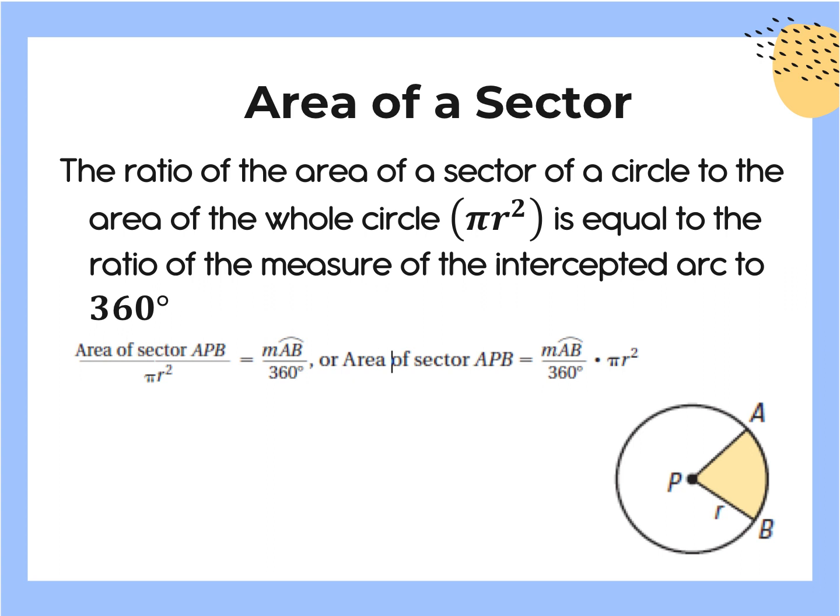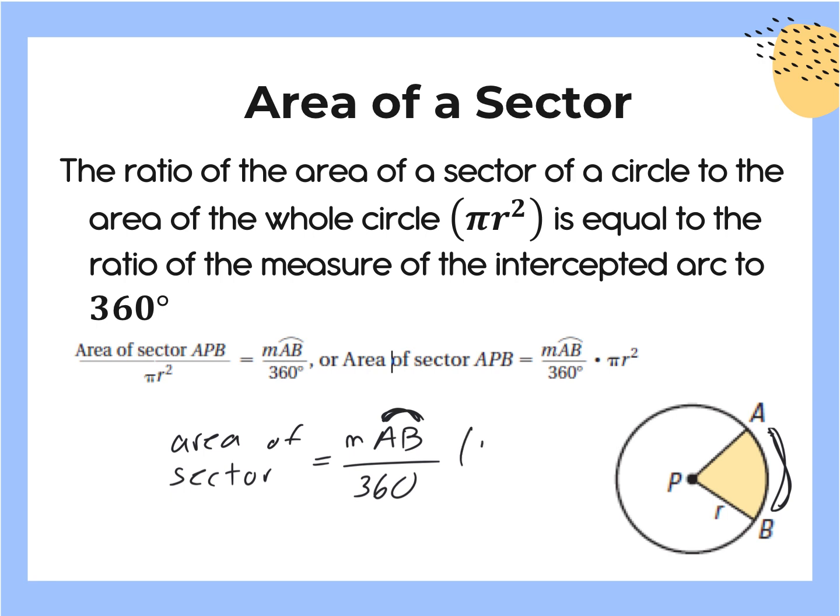Now, I'm going to rewrite it. So the area of the sector, sorry, not of circle, is going to equal the measure of this arc, so the measure of arc AB. Keep in mind for the arc, you will have the little arc symbol. Divided by 360. The reason it's divided by 360 is because it's the whole circle. And we're going to multiply it times pi r squared, that being the area.